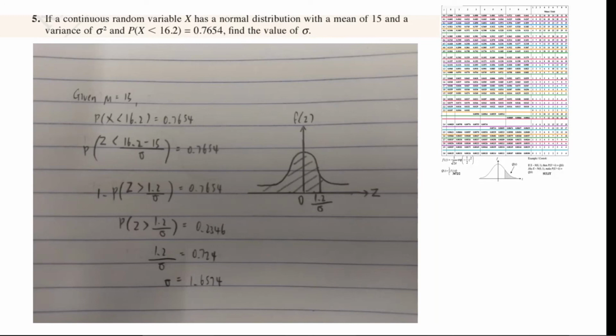Then we need to find the value of 1.2 over standard deviation. So we can use the table, and I found that the value is equal to 0.724. So finally the value of standard deviation is equal to 1.6574. That's all.